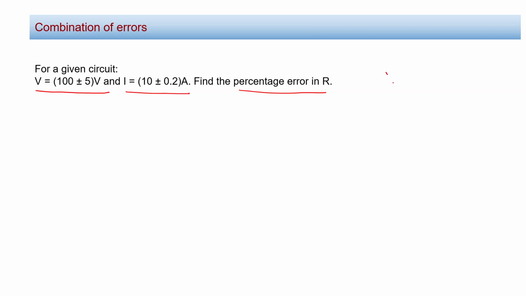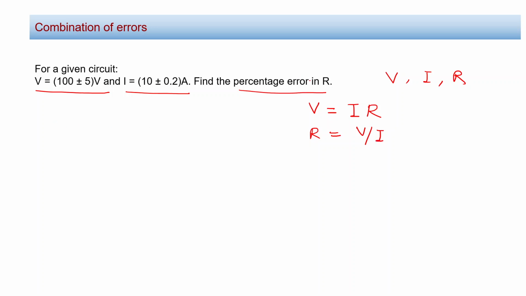First, what is the relation between voltage, current and resistance in a simple circuit? Voltage drop is the product of current flowing and the resistance. So again we are talking about two quantities and their product, and R will be the ratio of voltage and current.